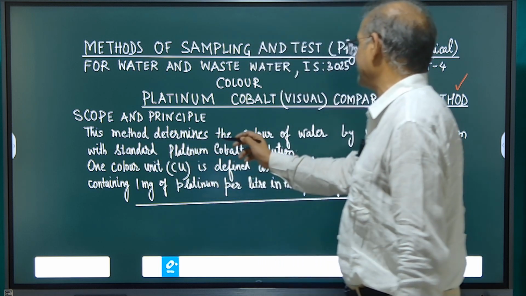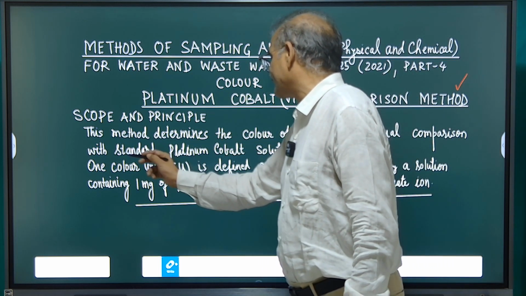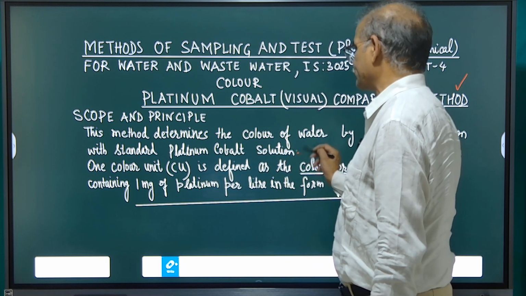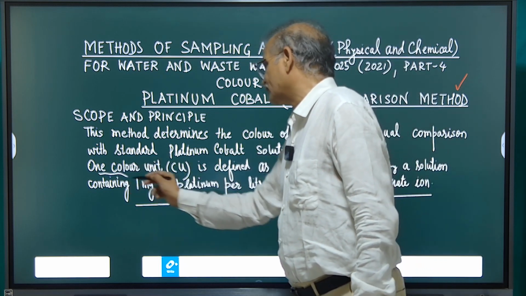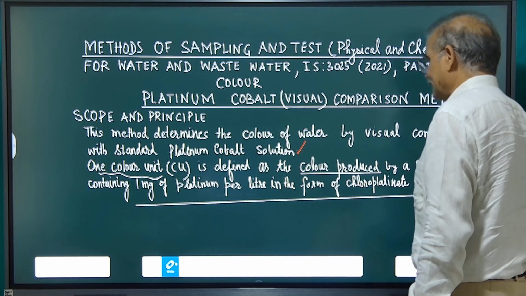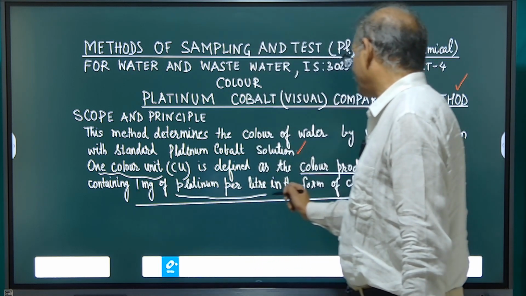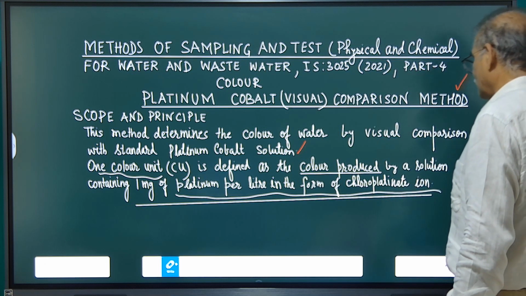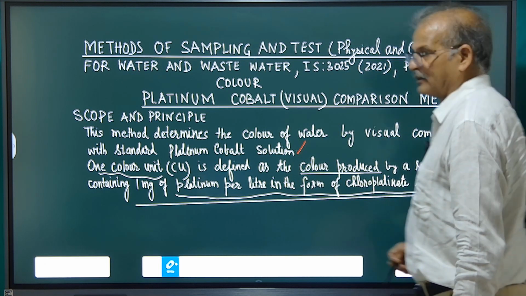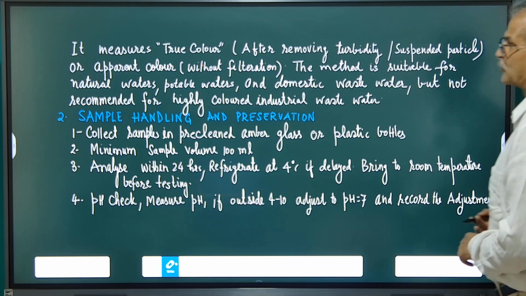This method determines the color of water by visual comparison with standard platinum-cobalt solution. One color unit is defined as the color produced by a solution containing 1 milligram of platinum per liter in the form of chloroplatinate ion. One Hazen. So we will find out with the procedure.